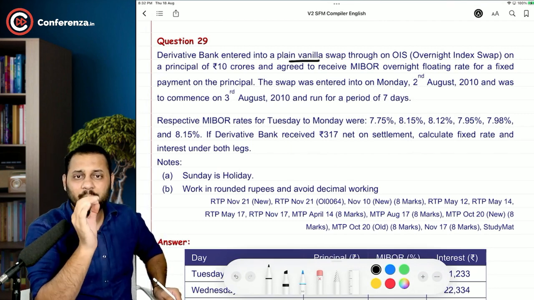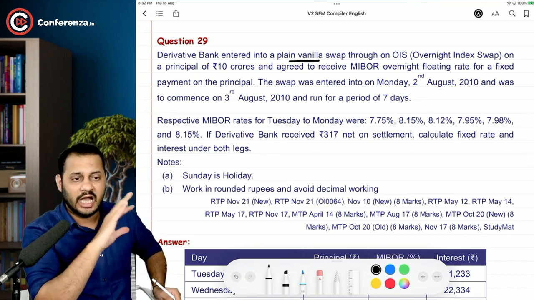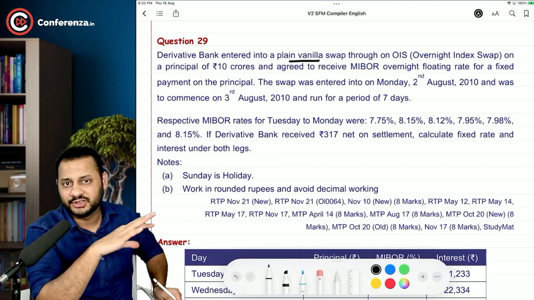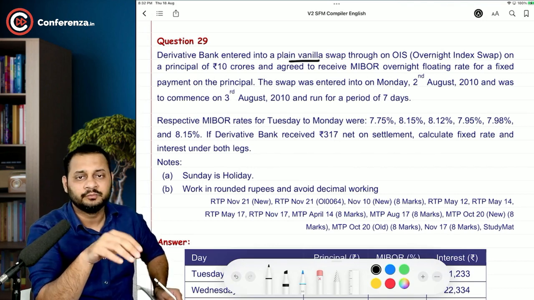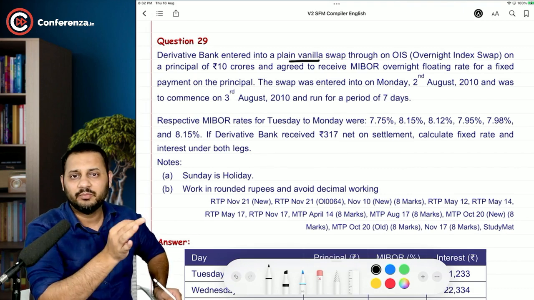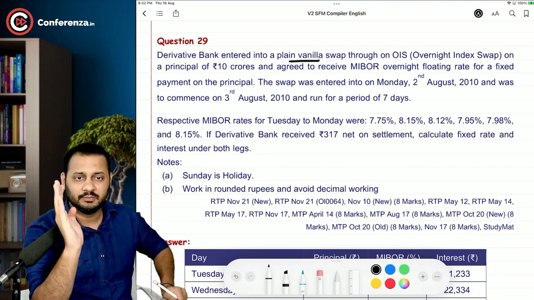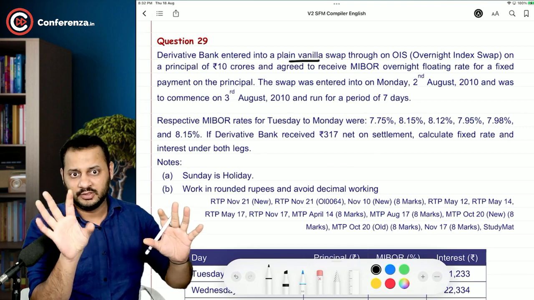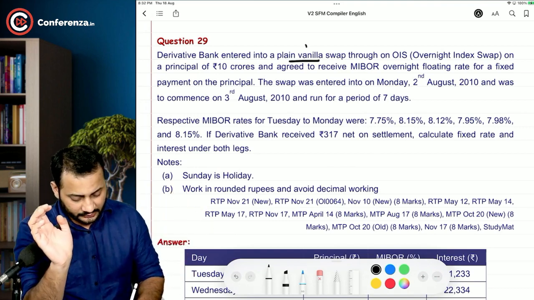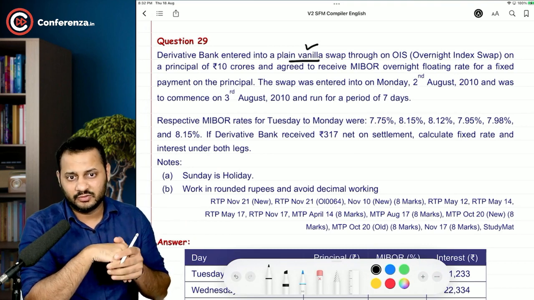That is called the basic ice cream without any mixture, without any combination of two fruits and everything. So in the swap also, the basic type of interest rate swap is fixed versus floating. That's what the plain vanilla swap is.